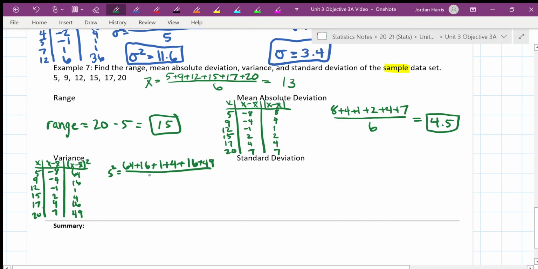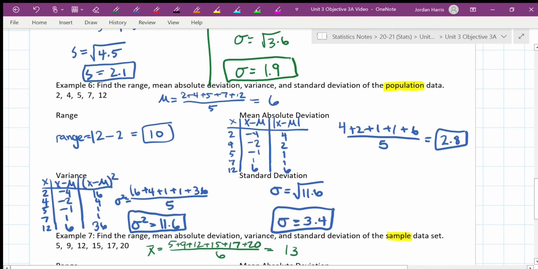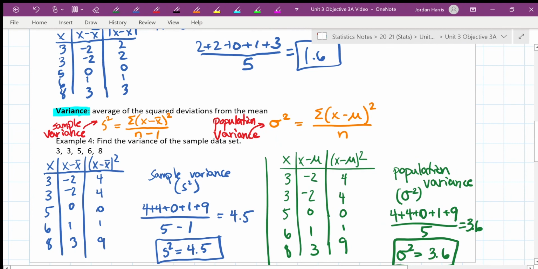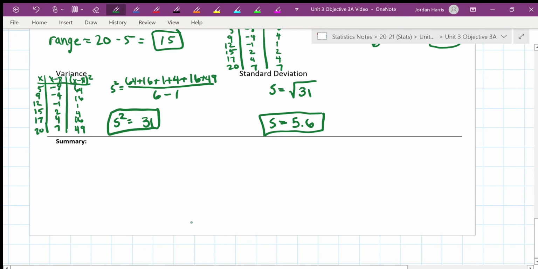So I have 6 minus 1: we add them up, divide by 5, and we get 31. That's my sample variance. My standard deviation is the square root of variance, and s is my sample standard deviation. So I get 5.6. You have to be able to pick out the correct variable based on the type of data. If you can pick the correct variable, you have the correct formula, so make sure you understand that. Also, make sure you write your 3-sentence summary.